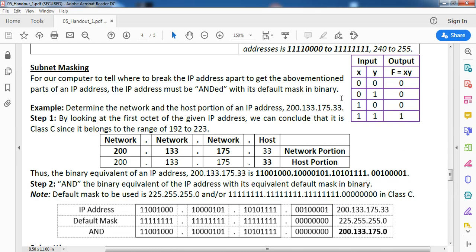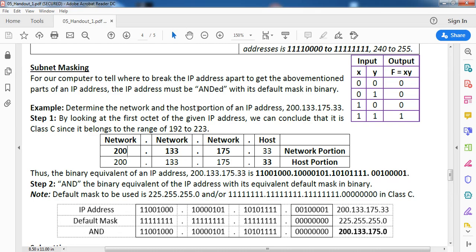So for example, we have the IP address 200.133.175.33. So this would be our IP address. Now, we already know, because this is in the 200 range, that this is part of class C, as class C is any IP address starting with 192 ending to 223.